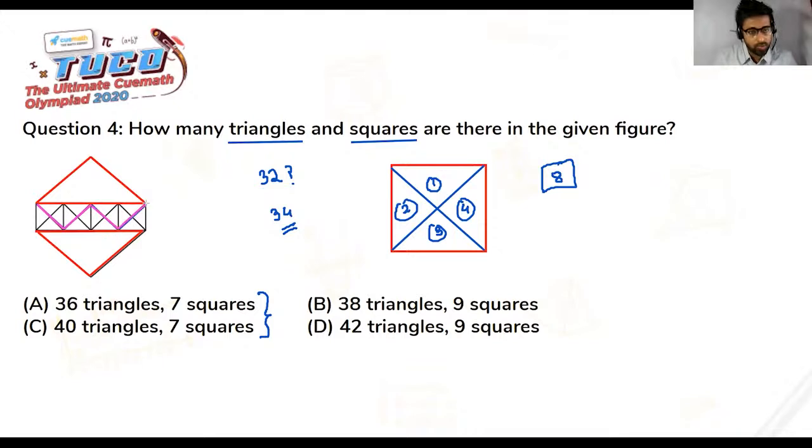Of course, none of those figures match, and I can see that there's one triangle formed here, another triangle formed here, and another triangle formed here again. So in total, do you think there are, not here, a total of 6 triangles that were formed, and that gives us a total of 40, isn't it? That is indeed one of our options, and hence that should be the correct answer.